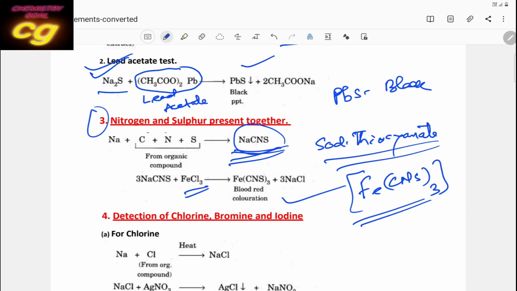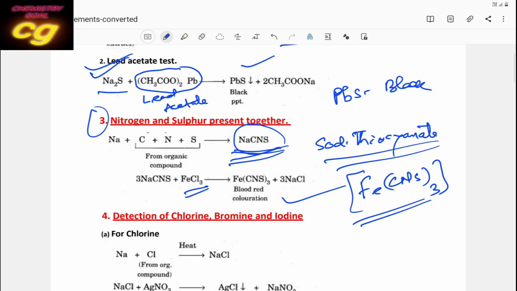This is a complex compound, Fe(CNS)3, that is ferric thiocyanate, which is blood red in color. A blood-colored substance forming indicates the presence of both nitrogen and sulfur in the organic compound. So nitrogen and sulfur can be detected by adding ferric chloride solution to the Lassaigne's extract.